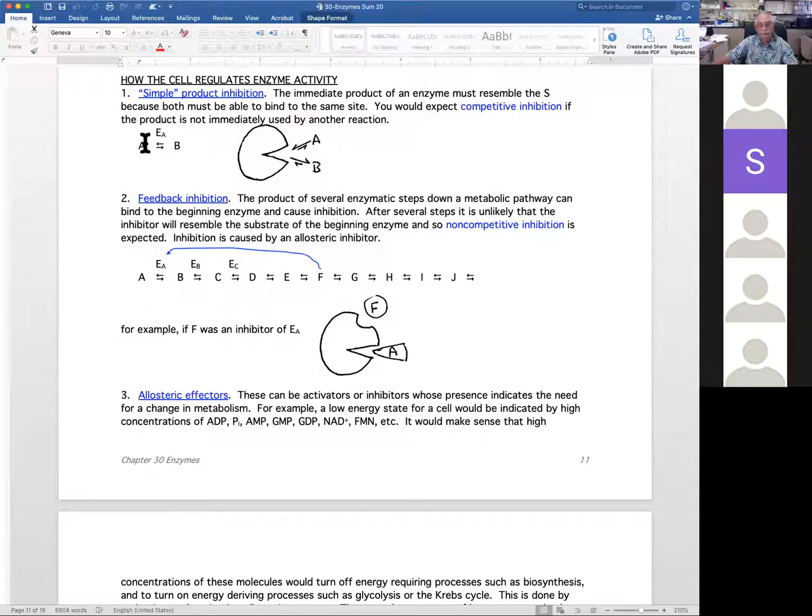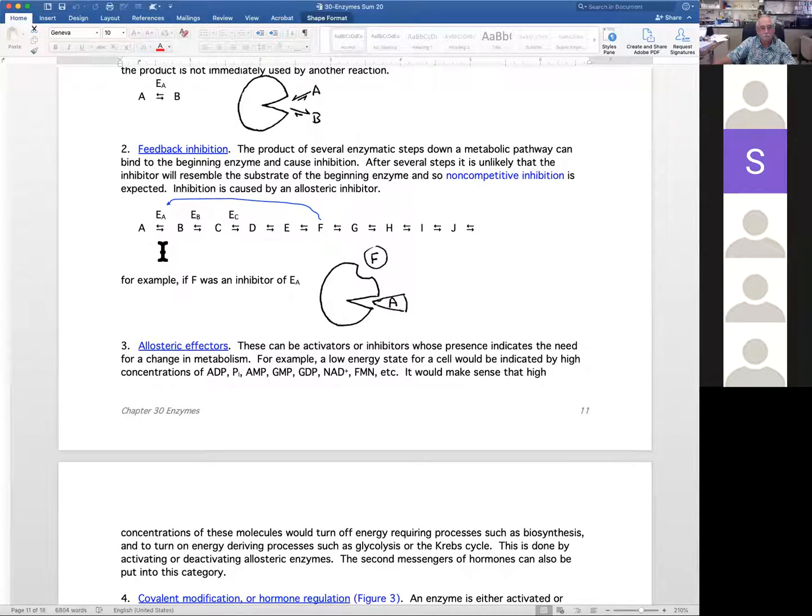Then feedback inhibition would be not the immediate product, but some product further down the line. It could even come from a completely different pathway. Regardless, it binds to an allosteric site over here and it inhibits the enzyme. And then we have all kinds of allosteric effectors.